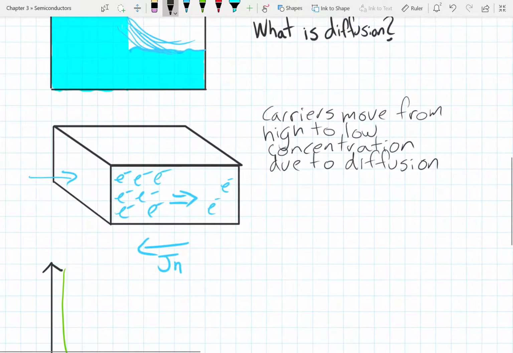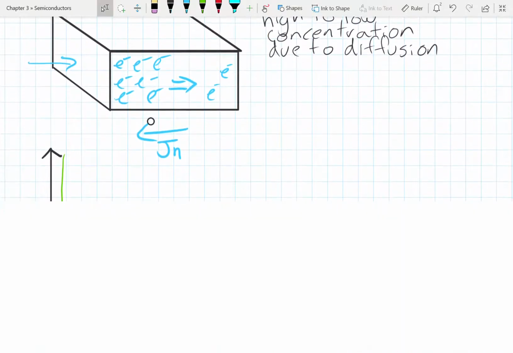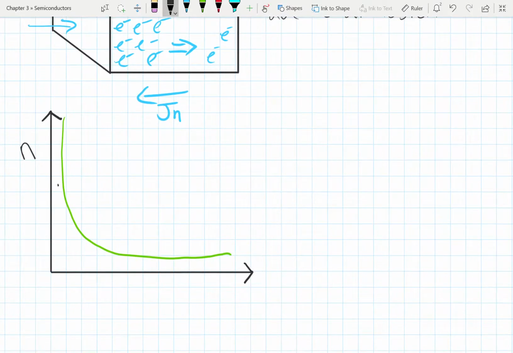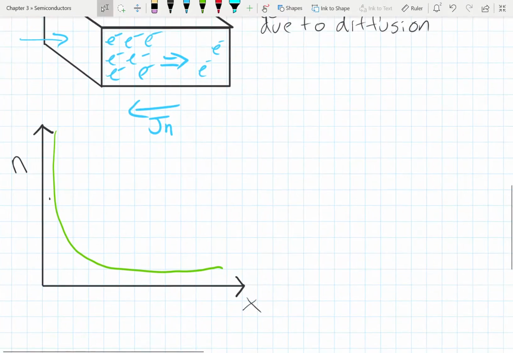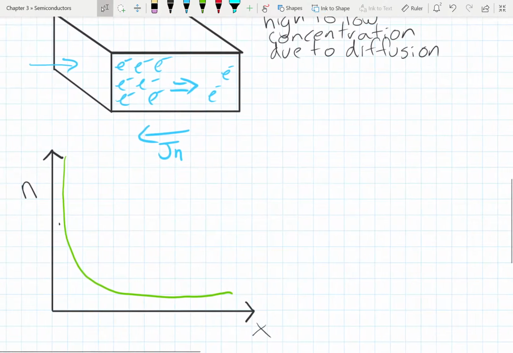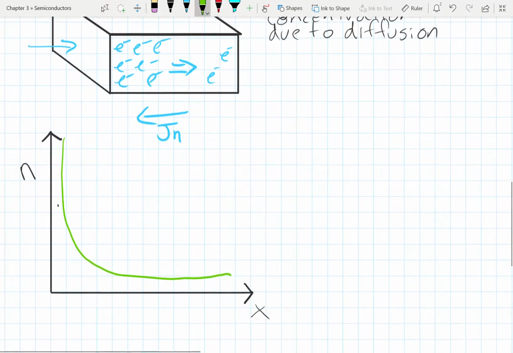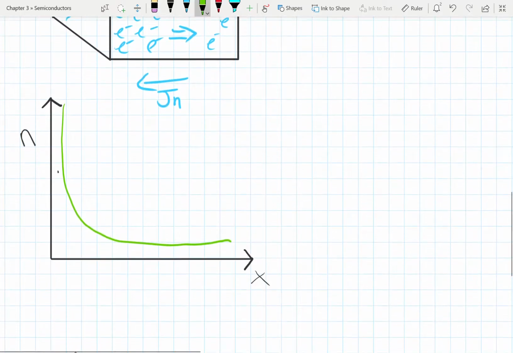On this graph, now you have the concentration of electrons on the y-axis and X on the x-axis. So you again have a higher concentration of electrons on the left side, and as you move along X, you have a lower concentration. Just like before with the holes, we still have a negative gradient, because the slope right here is negative.